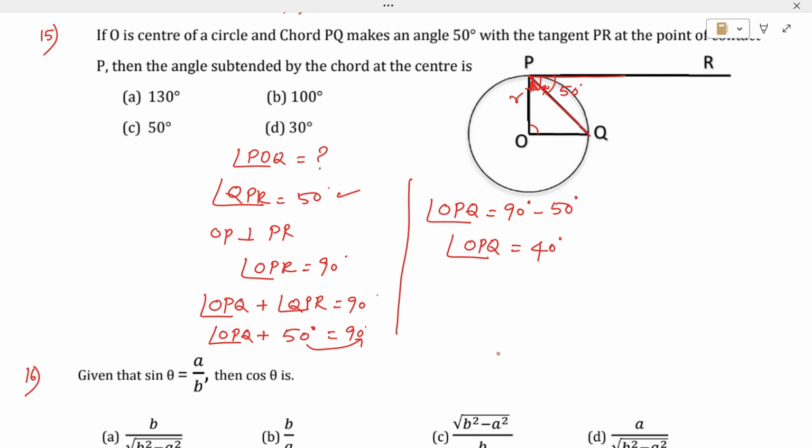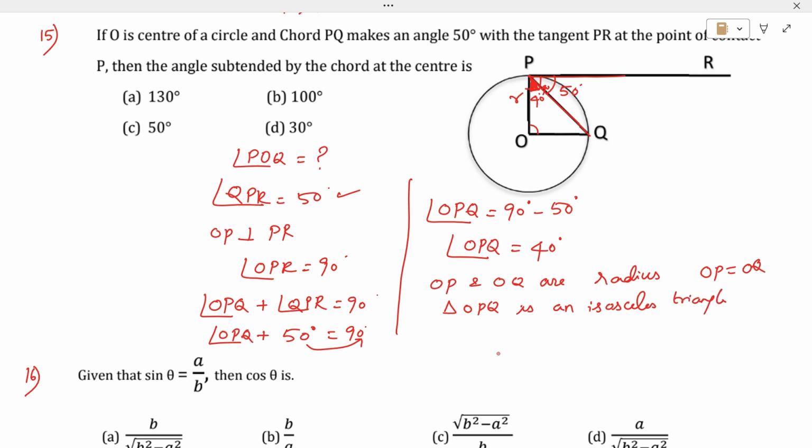So this is 40. I'm shading here. Okay. And I know OP and OQ are radius and they are equal, isn't it? So OP is equal to OQ, which means the triangle OPQ is an isosceles triangle, isn't it? So if it is isosceles, then the base angles are equal.